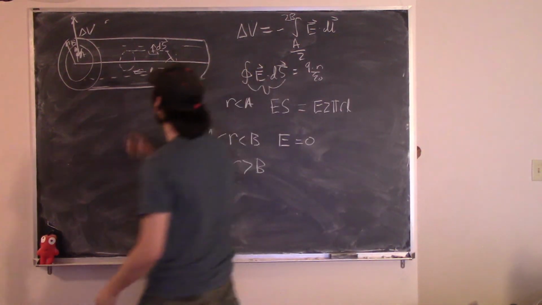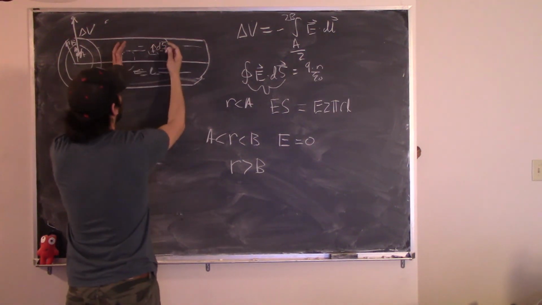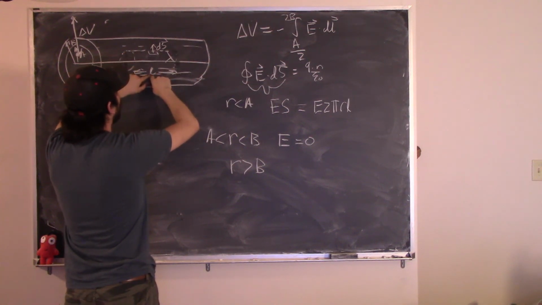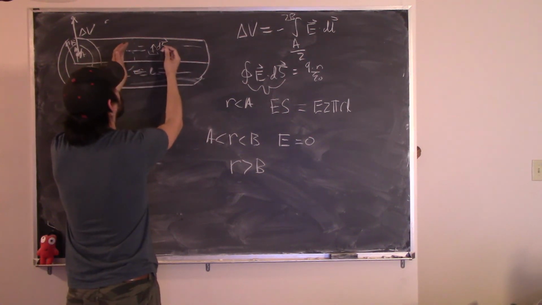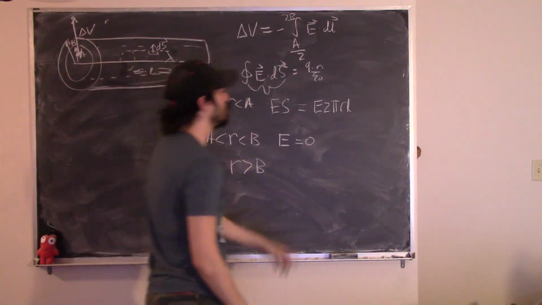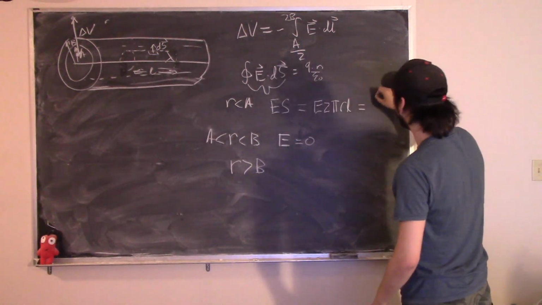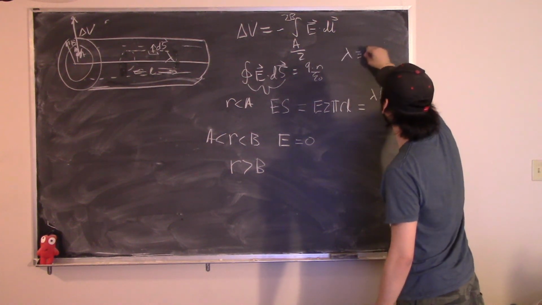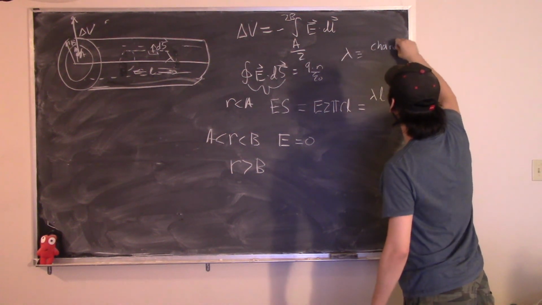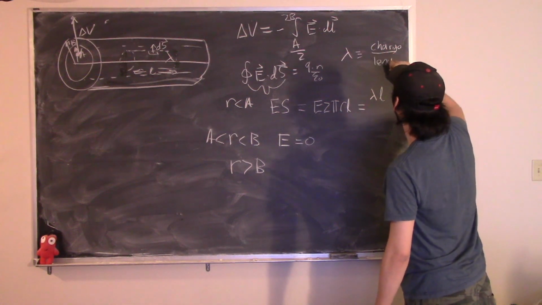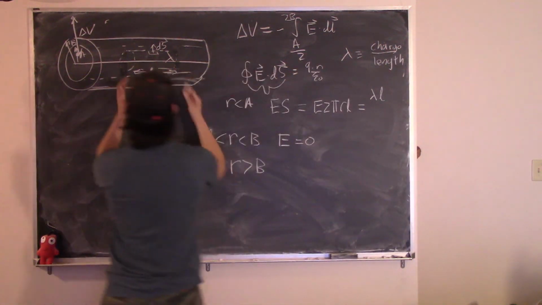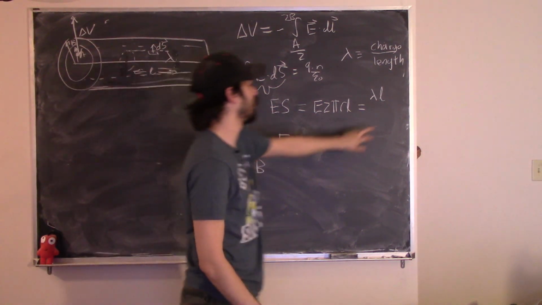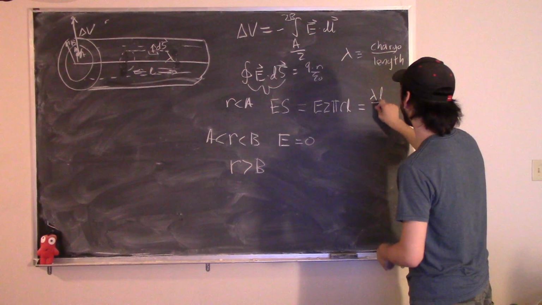But Q in is just the total charge inside the Gaussian cylinder that I drew here. If it has a length of L, and this is some line charge density of lambda, Q in is just going to be equal to lambda times L, right? Because dimensionally, lambda is charge per length. And I know that I want a length of L here, so the charge inside is just the length of L times the charge per length. So this is divided by epsilon naught.